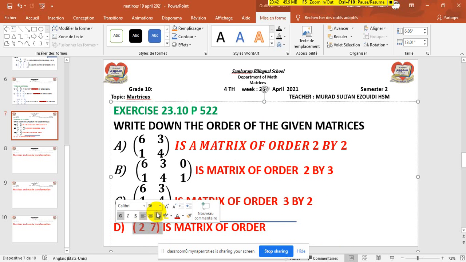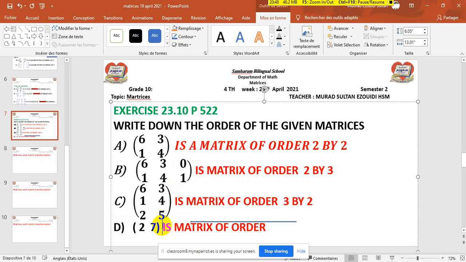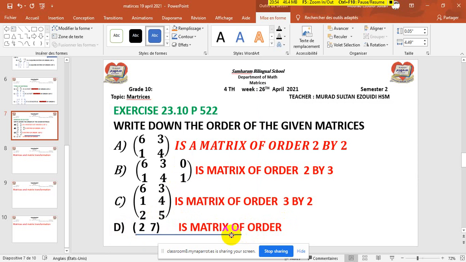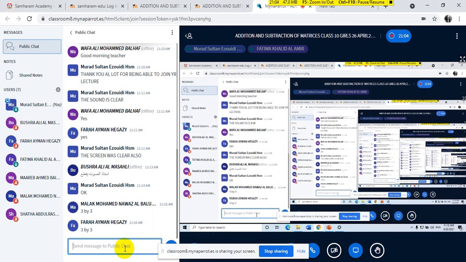Do you see this one? 2, 7. Farah says 3 by 3. Are you sure, Farah, my daughter? Malak says 3 by 3.